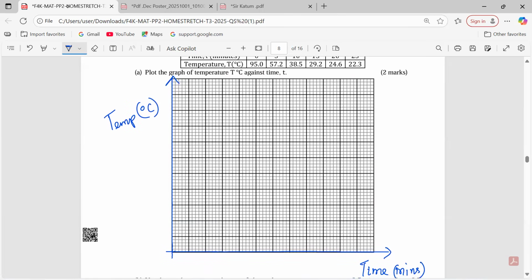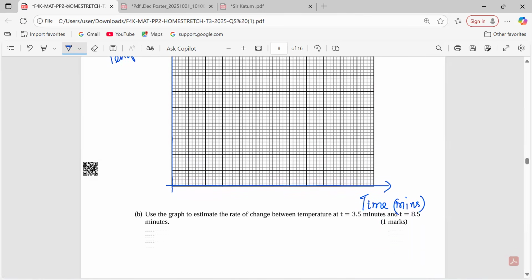Time is 0 all the way to 25. So we can use intervals of 5, from 0, 5, 10, 20, 30, 40, like that.